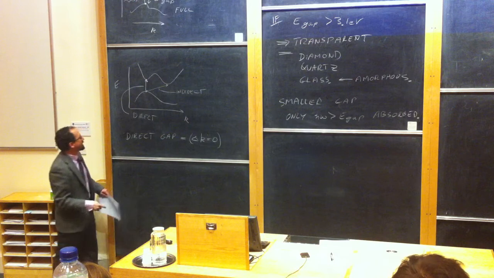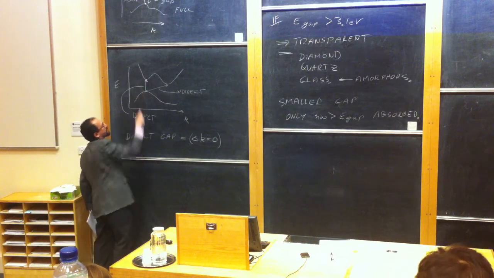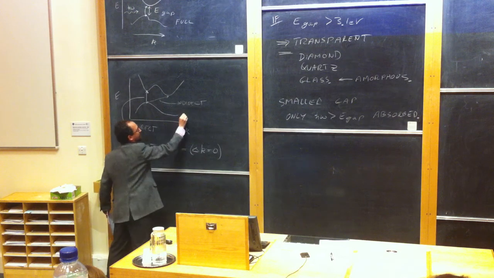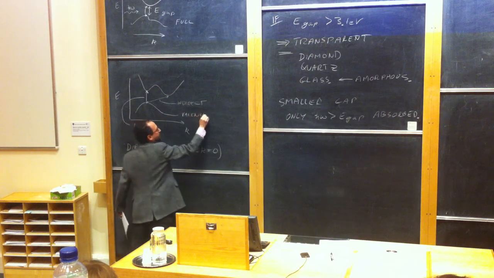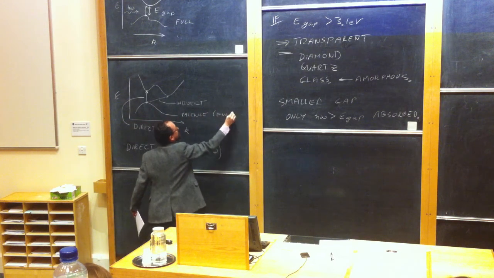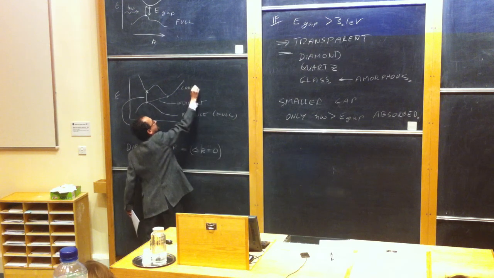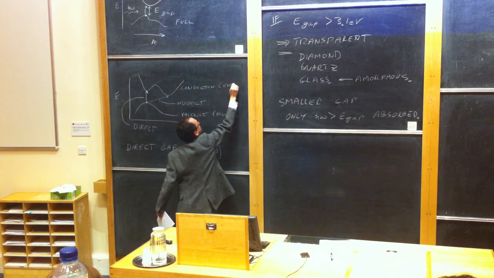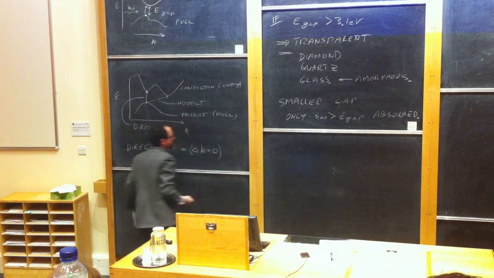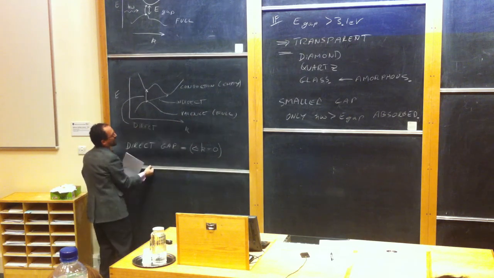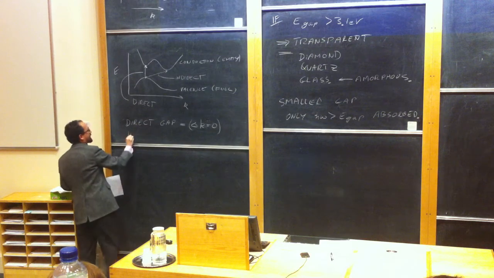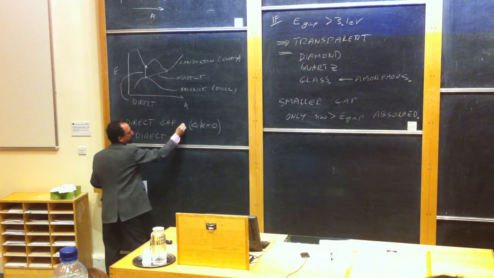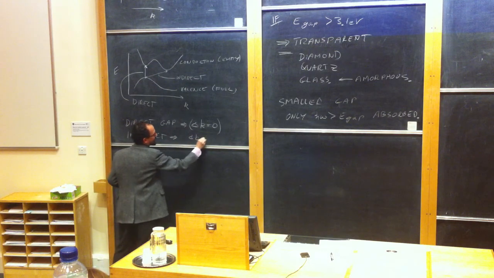It's going from the valence band to the conduction band. So this is the valence band, full, and this is the conduction band, empty. So direct gap means delta k equals 0, and indirect means delta k not equal to 0.